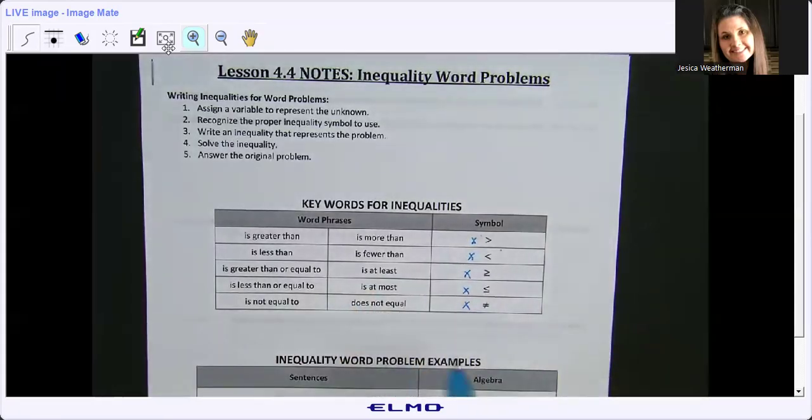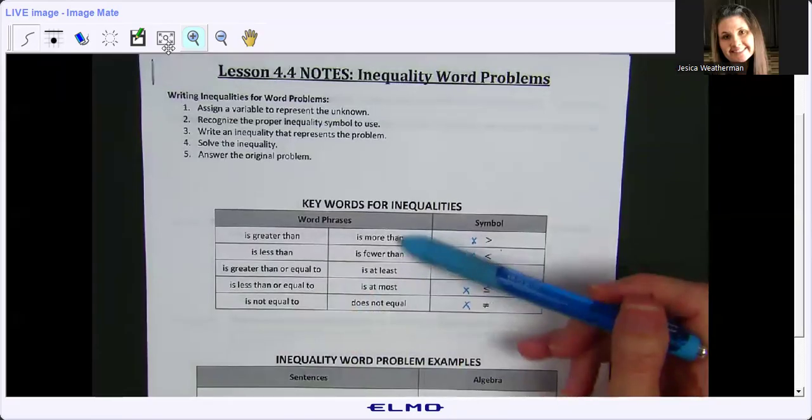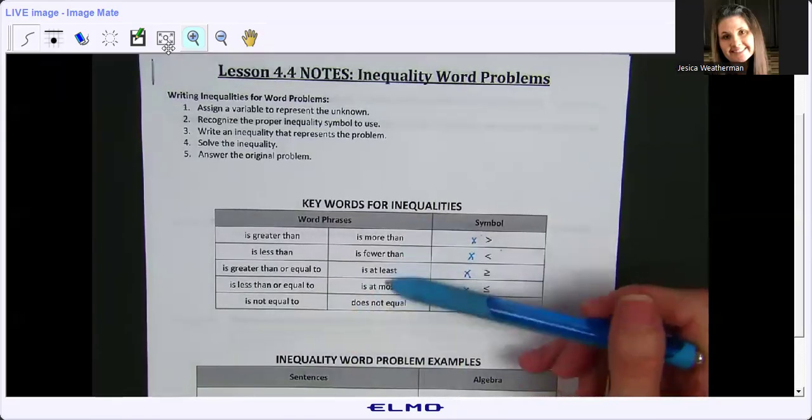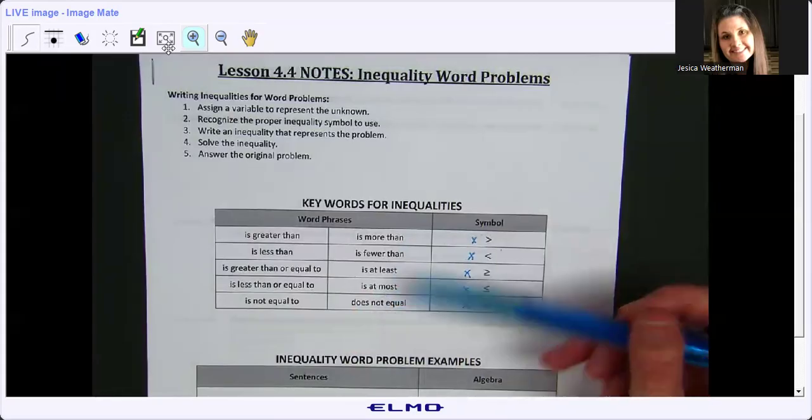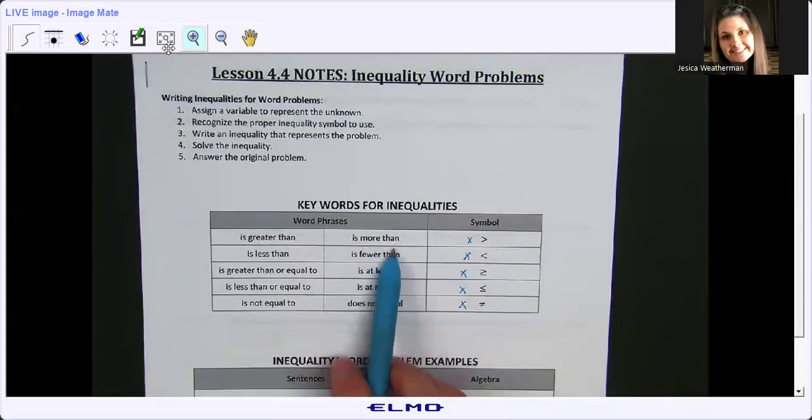So these in the second column, these are the phrases that when they're used, sometimes we don't know what symbol to use. Is no more than, meaning that whatever you're doing has to be less than. Okay.